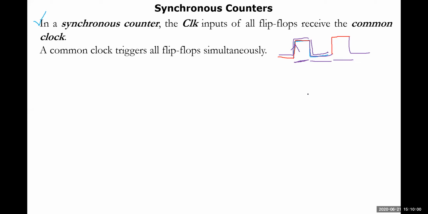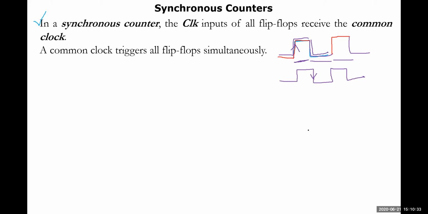Previously, if you consider this the clock pulse, when the negative trigger was there and it reached 0, the first flip-flop took input and generated some output. Based on that output, the second flip-flop responded. Based on the response of the second flip-flop, the third responded, and so on and so forth.